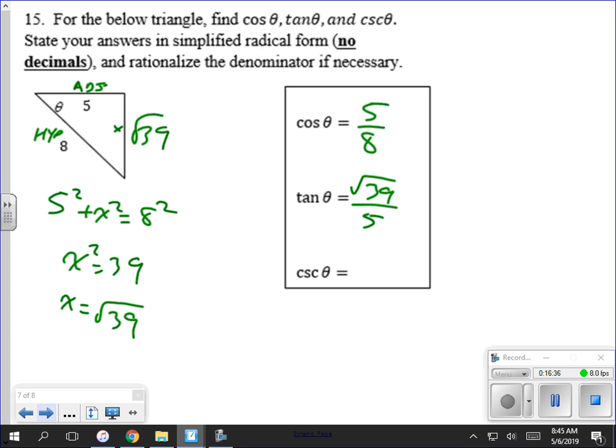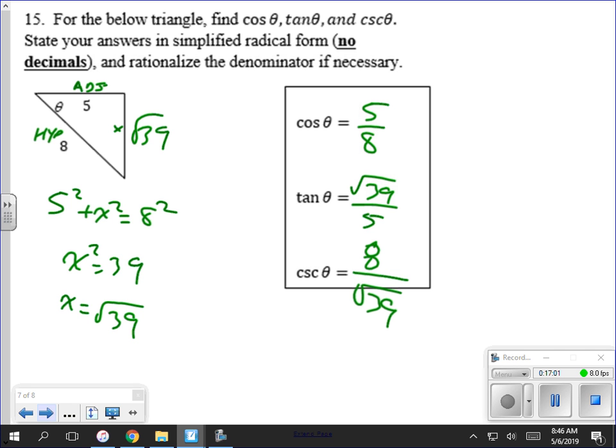Okay. So cosecant is the inverse of the sine. The sine is the opposite over the hypotenuse. The cosecant would be the inverse of that, the hypotenuse over the opposite. Now, the rules say no decimals, and rationalize the denominator if necessary. I have a square root in my denominator.